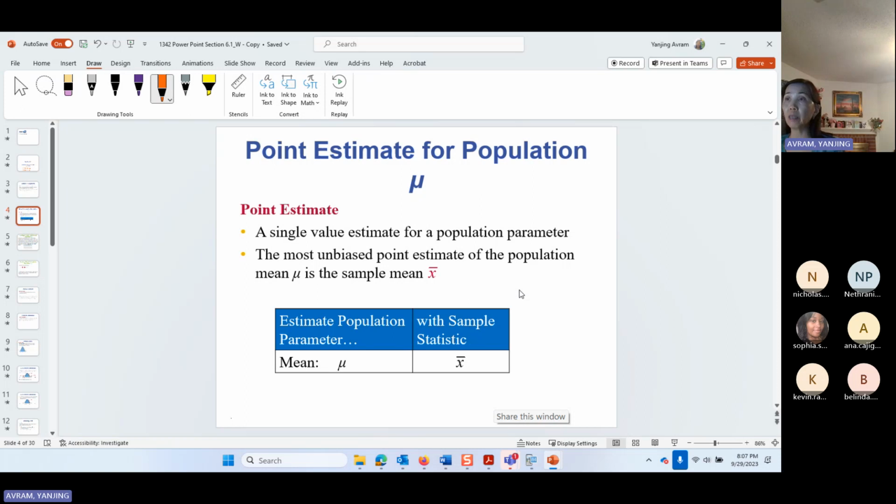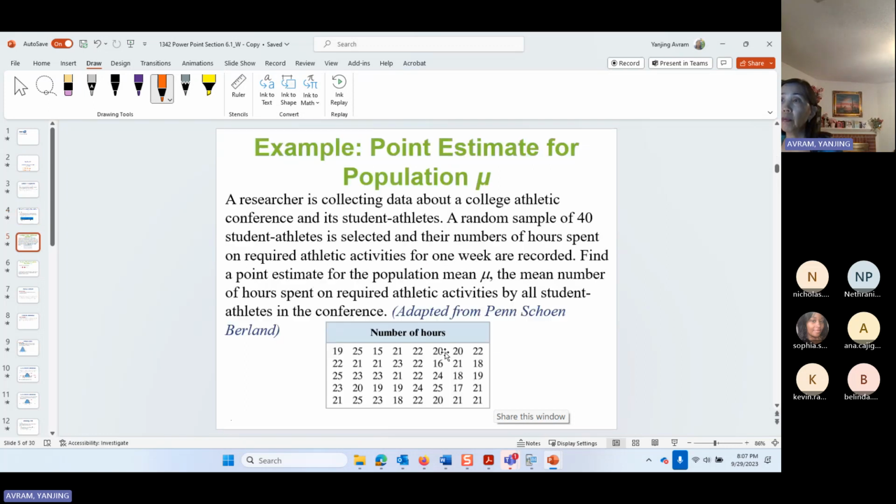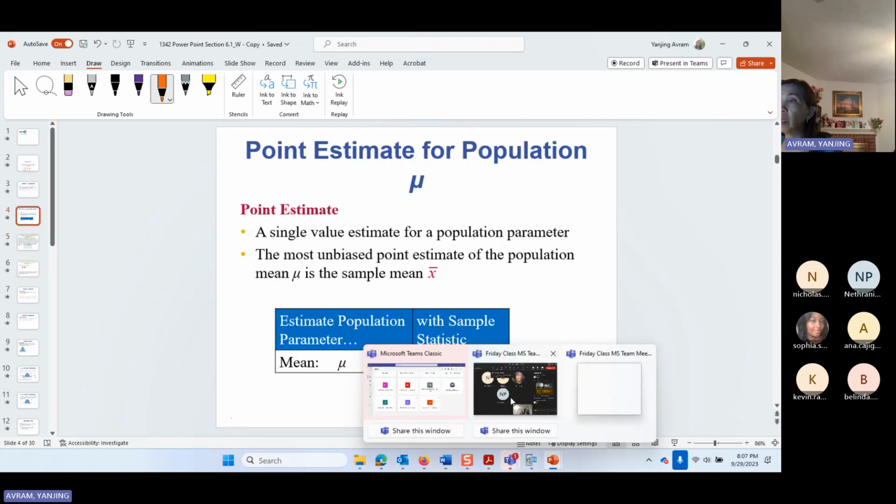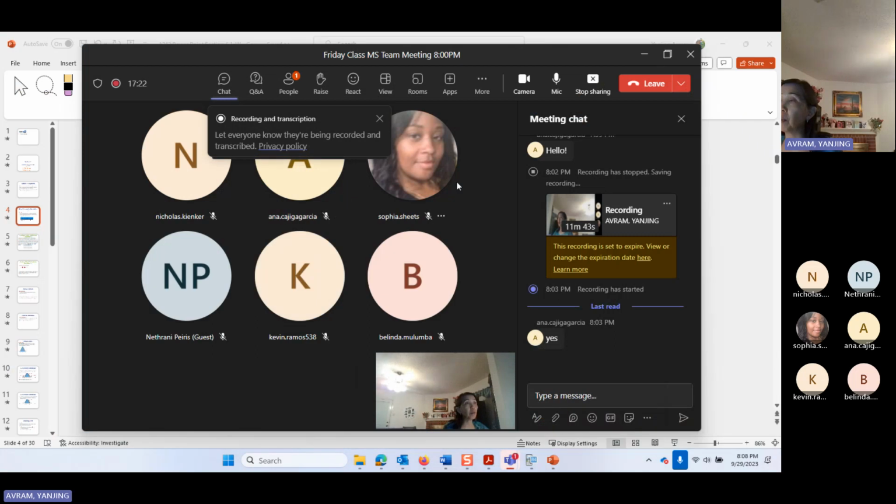That is the purpose of a point estimate for the population mean. If I choose my sample correctly, the sample mean will be good for the population.